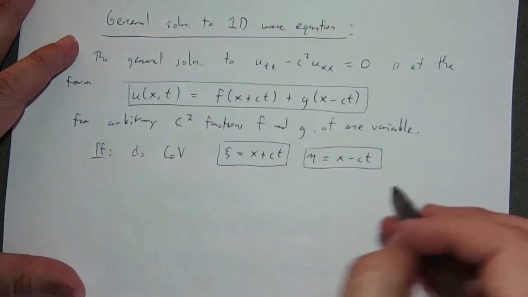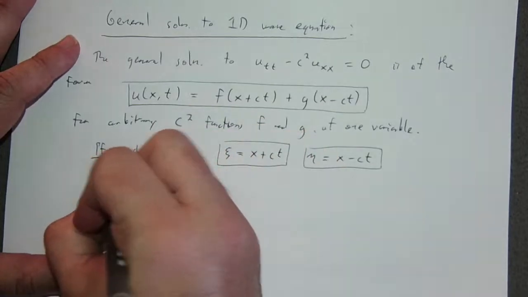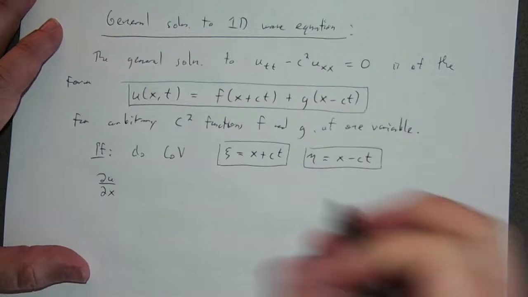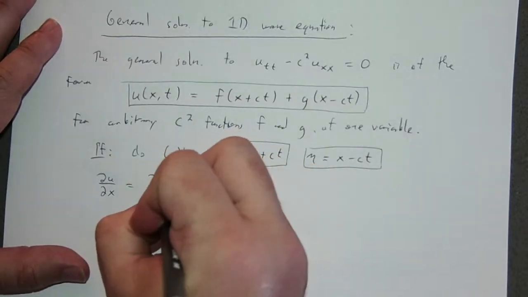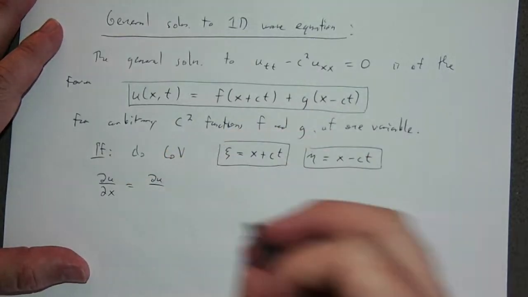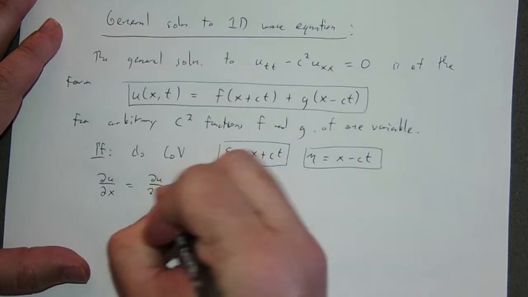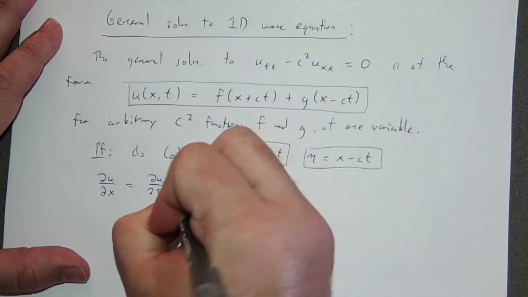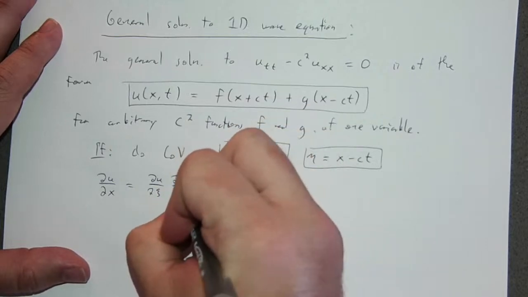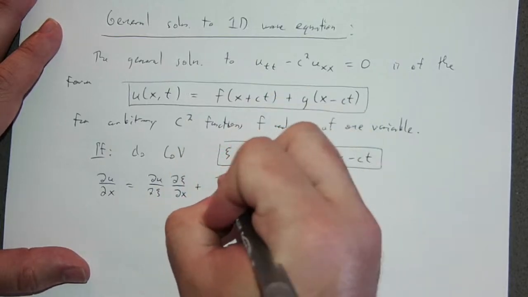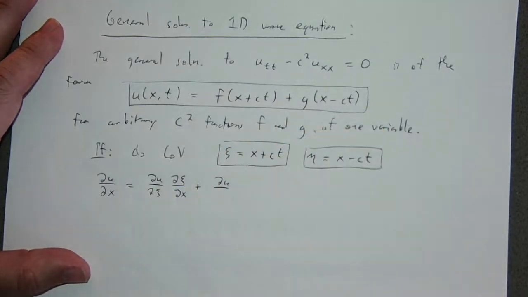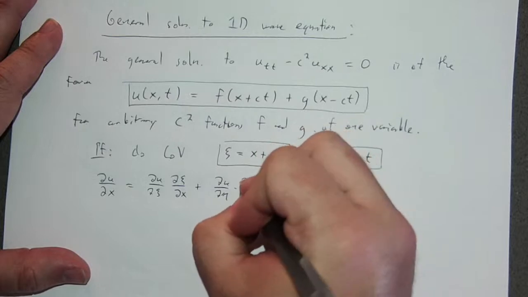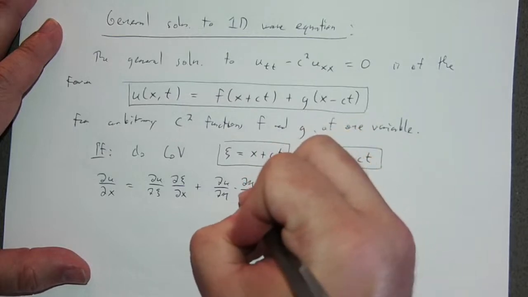Applying the chain rule, what is the partial of u with respect to x? By chain rule, this should be the partial of u with respect to c times the partial of c with respect to x, plus the partial of u with respect to eta times the partial of eta with respect to x.